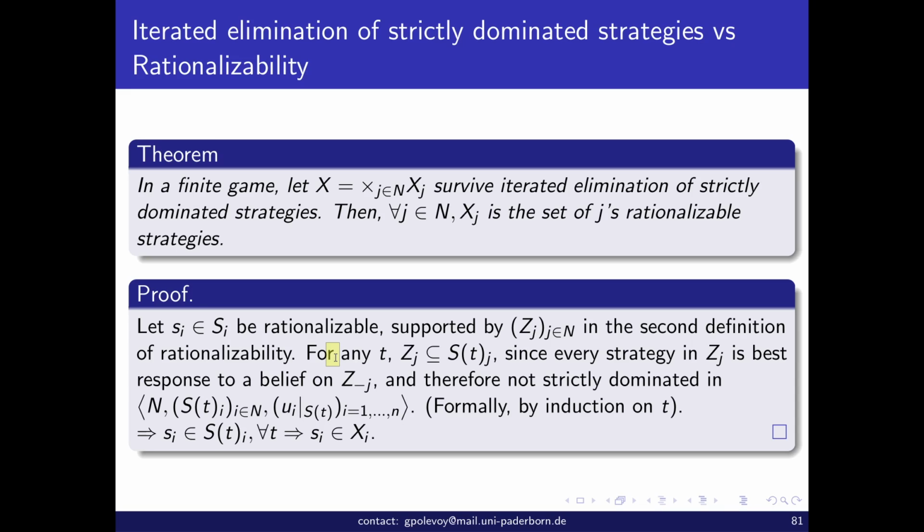For any T in some iterated elimination, Zj has to be in that player's strategies at stage T. Every strategy in Zj is a best response to a belief on the other players in Z, and therefore it's not strictly dominated in this game, which includes the other players.